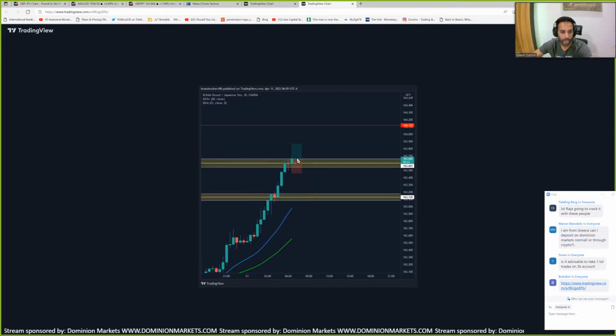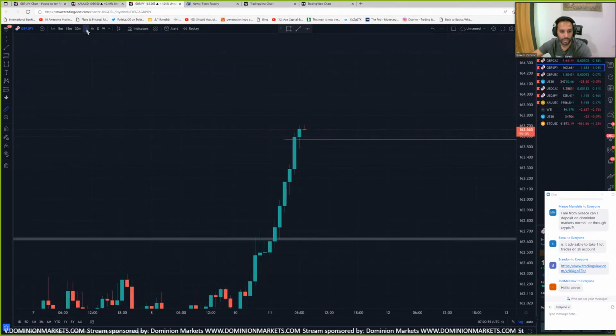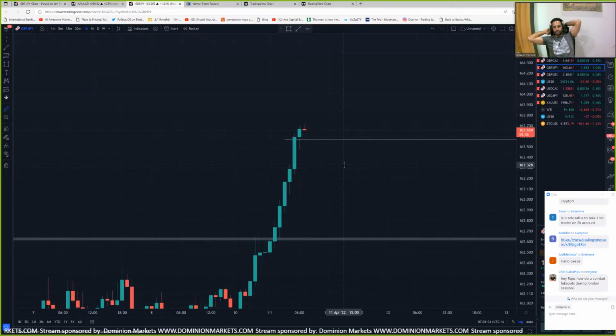We're looking for a buy over here. Let's take a look on the 1 hour time frame. I'm very hesitant with taking buys on pound yen because candles have just been moving up.